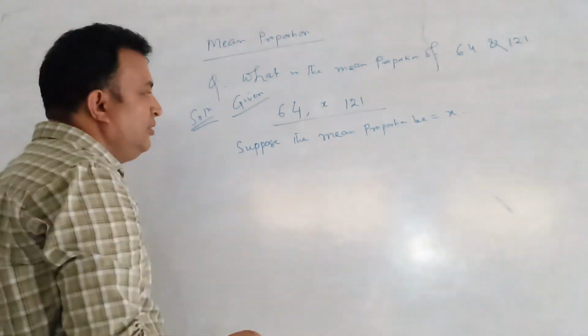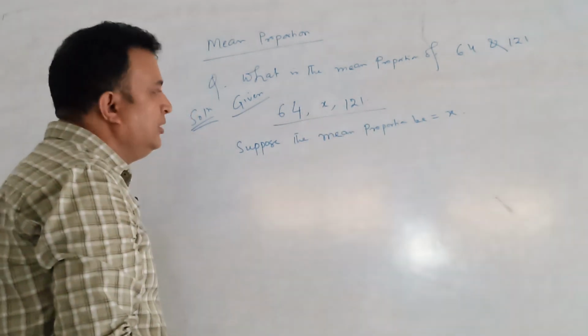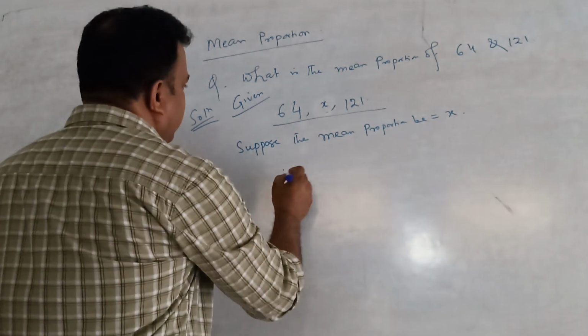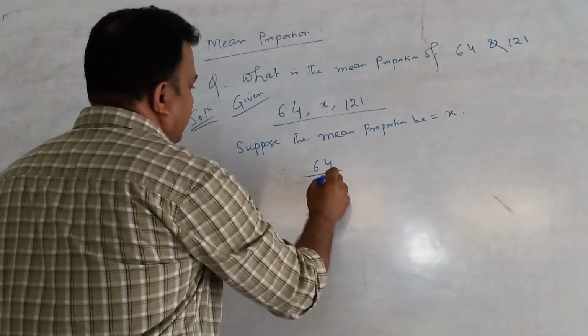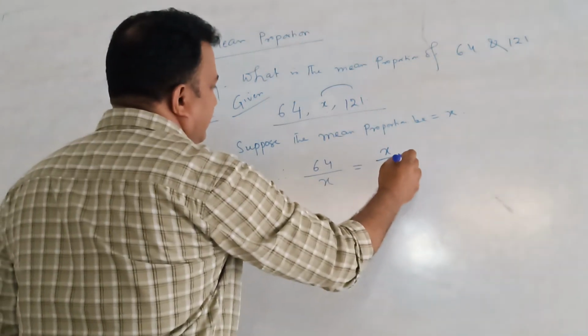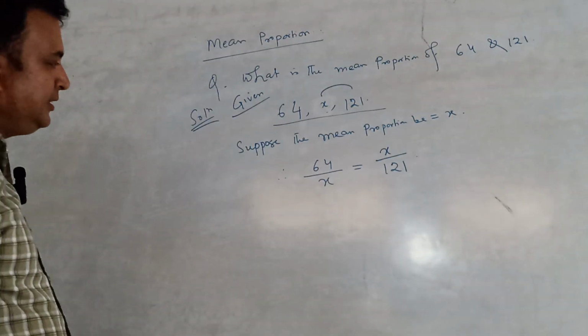One is 64, another is x, and third one is 121. So three terms are in proportion, so we can write 64 by x equals x by 121.